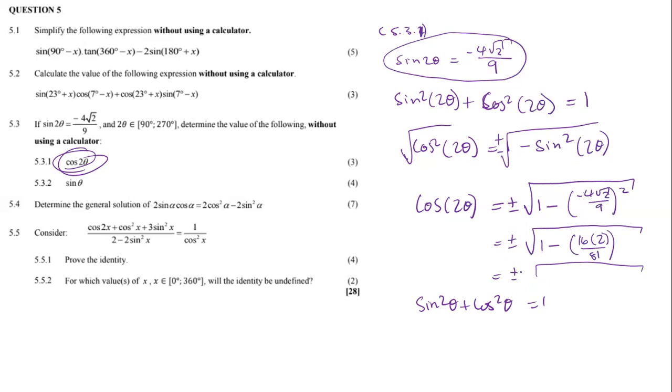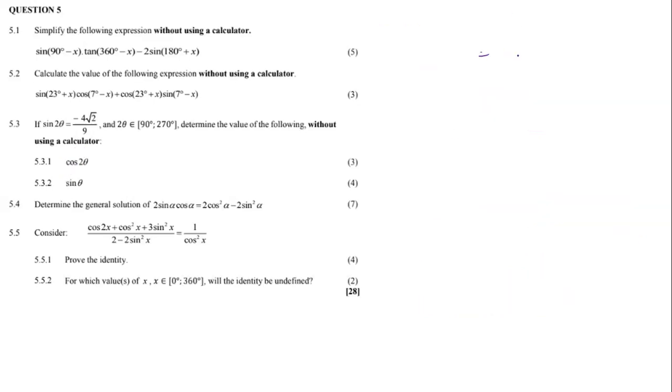If you are a mathematical person and you love your mathematics, you can do it like this. And then what is 16 multiplied by 2? 16 multiplied by 2, definitely that will give us 32. 32 divided by 81. And then let us consider adding these two guys together. Let me write this side. 1 minus 32 divided by 81. Let me confirm. Yep.